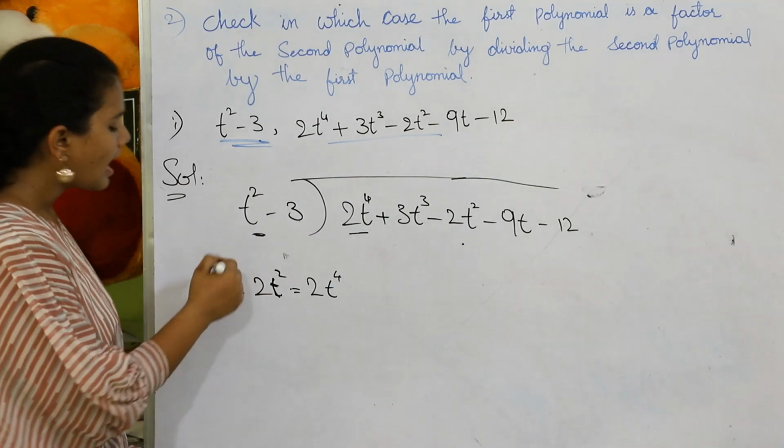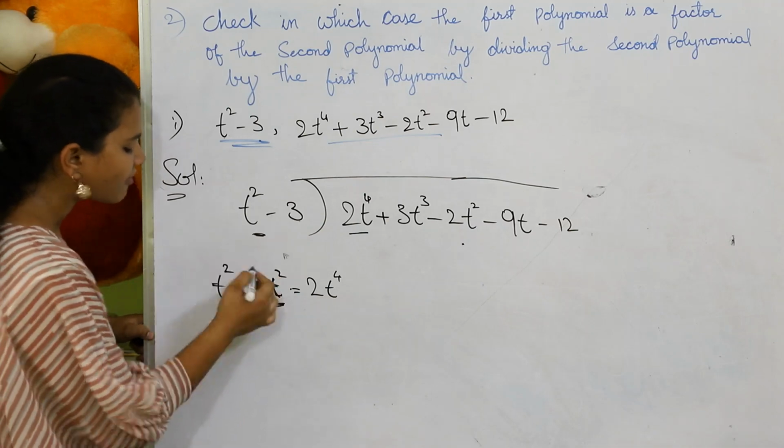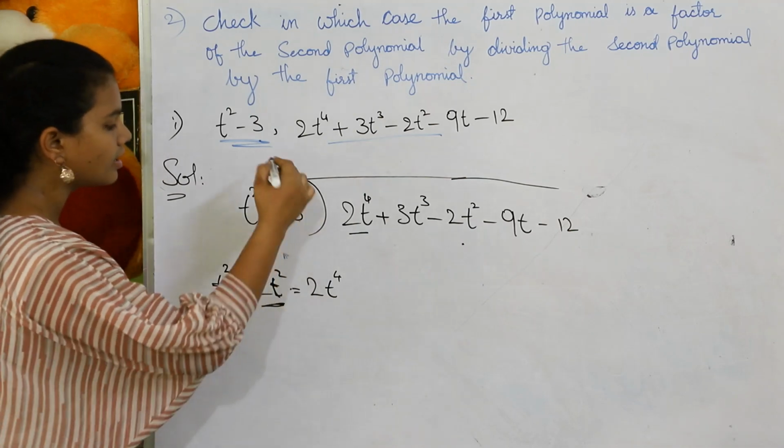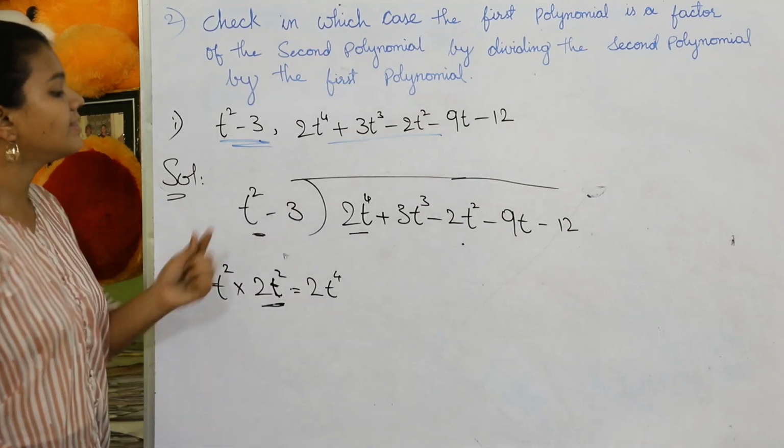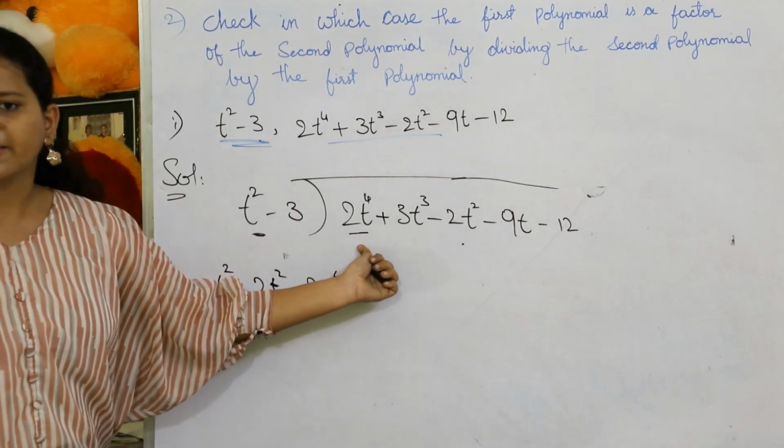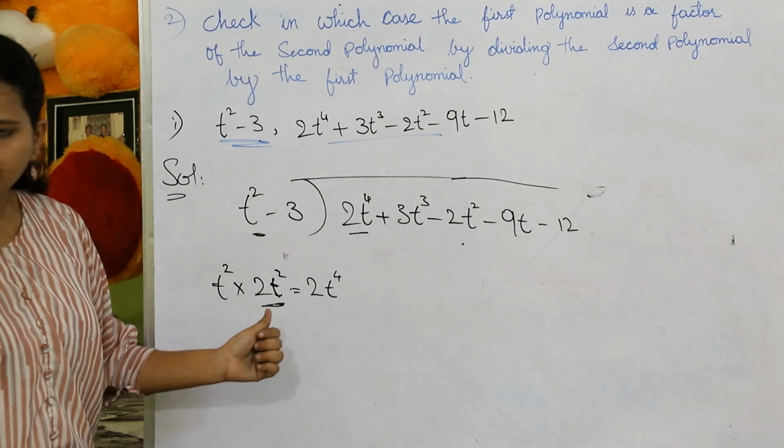So if I multiply 2t square with this divisor, the first term will be equated.